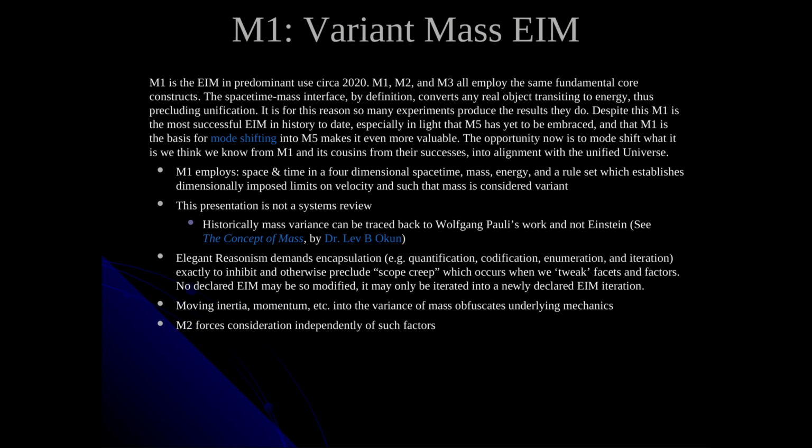So when we get into the illumination phase of elegant reasonism across the generalized process flow, one of the first things we have to do is pick out the EIMs that we're going to use for our particular investigation. One of the rules for elegant reasonism is that one of the models you choose has to close to unification. That is to say, it must be fully compliant with the realm of C's.